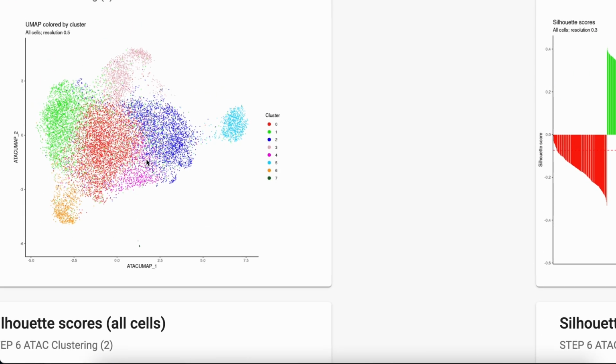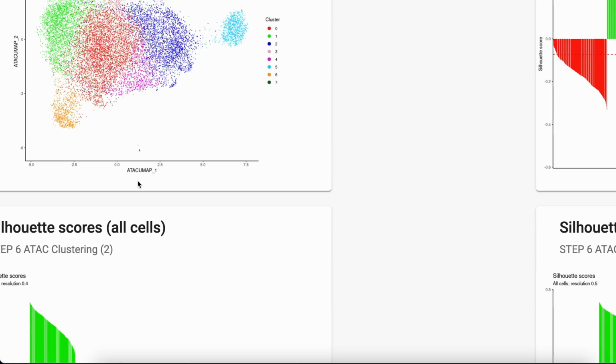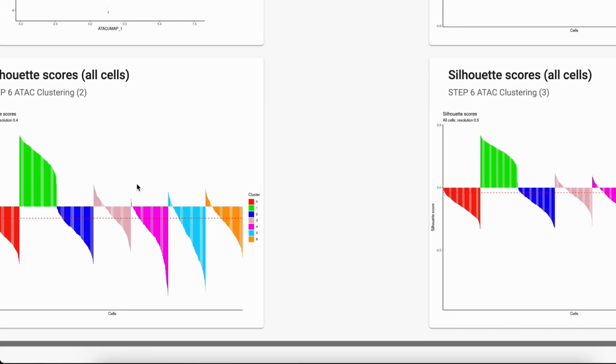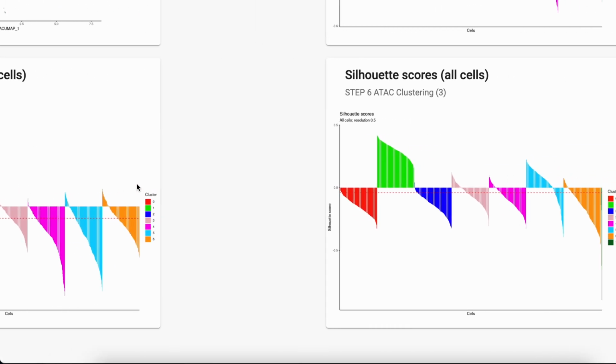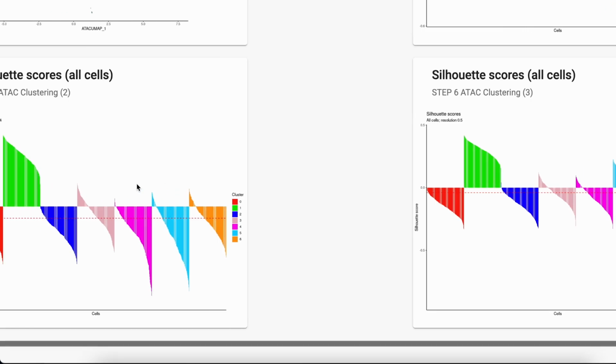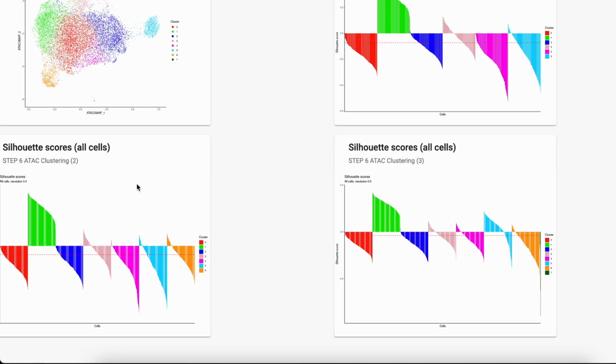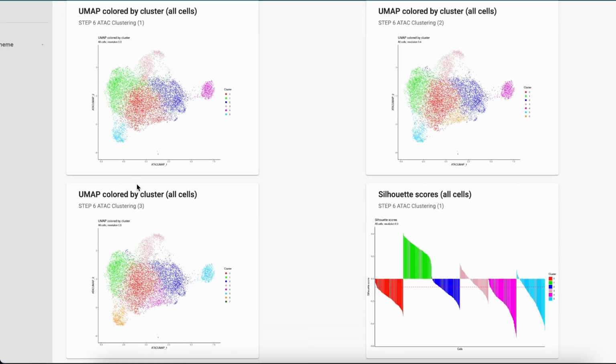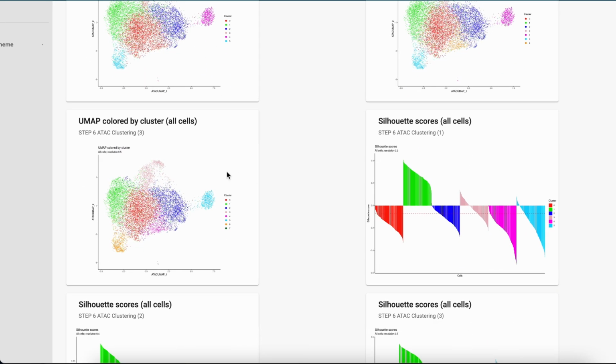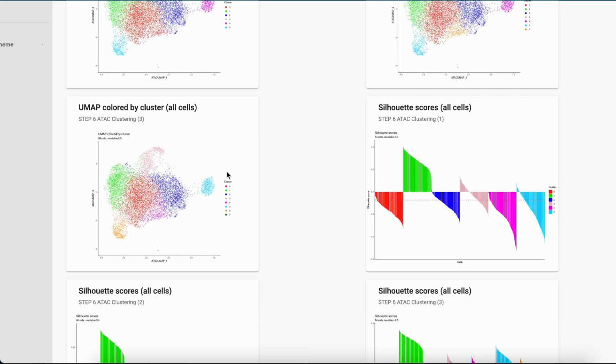So cells could be equally likely to be in each of these clusters. And the same for other resolutions. It means that either there is not much diversity between the cells' DNA accessibility, or the clustering algorithm couldn't assign cells to any of the clusters because of the parameters that we set.